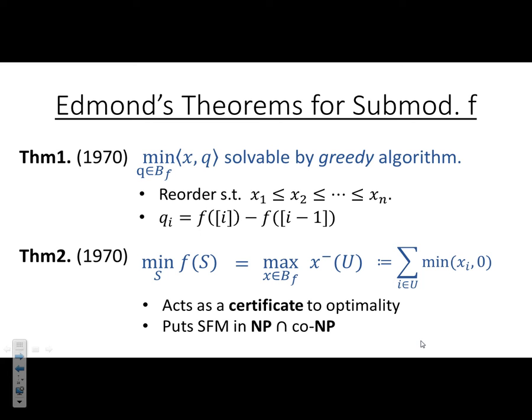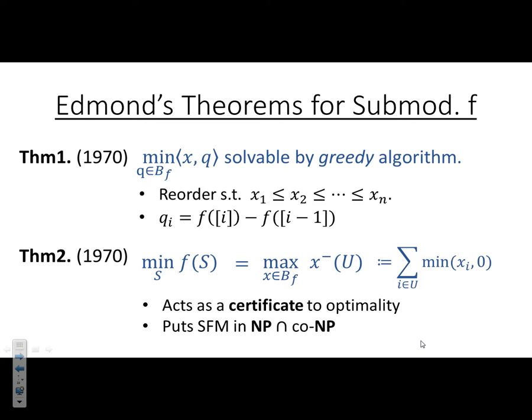So it sums up the negative components, and we maximize this over all points in the base polytope. Note that this is not a linear function in x, otherwise we would just be done. On the other hand, it can be expressed as a linear program with a few other constraints: I introduce a new variable for this term and say it is at least x_i and at least 0.